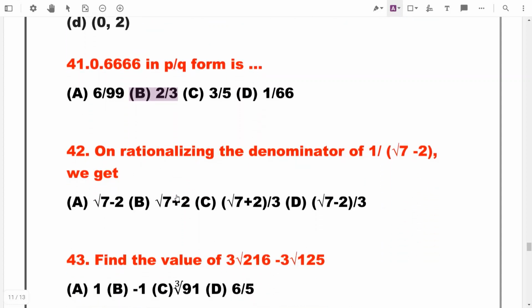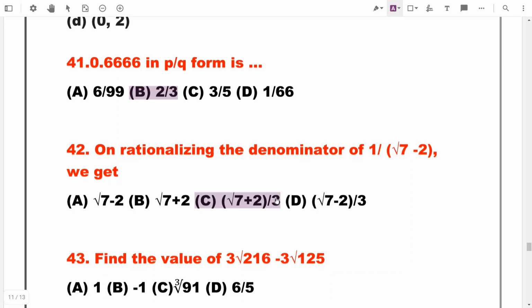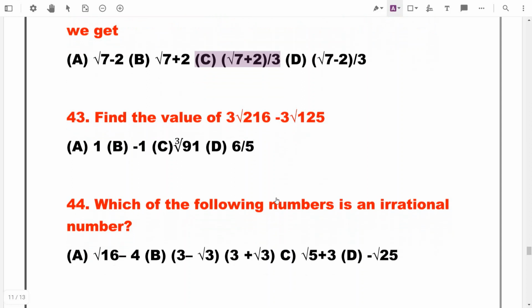42nd question, on rationalizing the denominator of 1 by root 7 minus 2, we get root 7 minus 2, root 7 plus 2, root 7 plus 2 by 3, root 7 minus 2 by 3. Answer C, root 7 plus 2 by 3. Find the value of 216 to the power 1 by 3 minus 125 to the power 1 by 3.